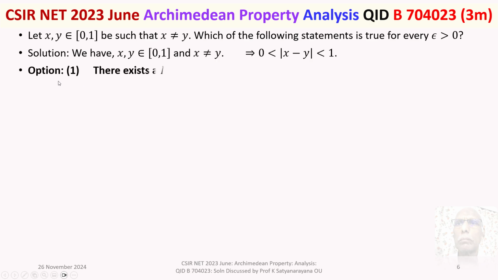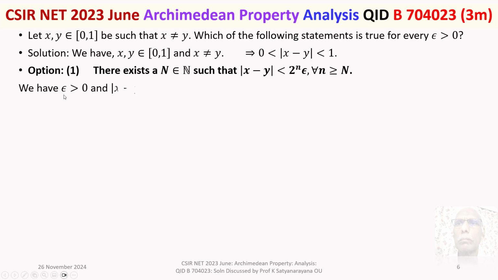We recall option 1: there exists a natural number capital N such that mod of x minus y is less than 2 power n into epsilon for all n greater than or equal to capital N. We have epsilon greater than 0, and mod of x minus y greater than 0.